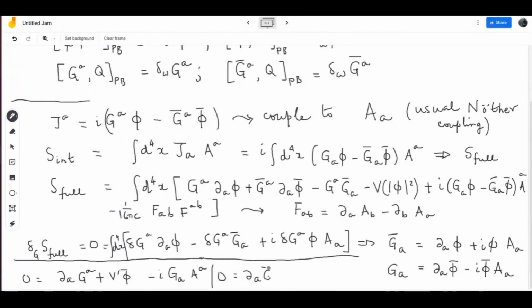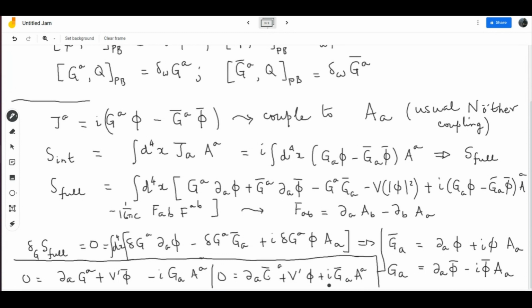Del A G bar A plus V prime phi. Now here it will be a change because there's an I there, so I should get a plus I G bar A AA equal to 0. So now we have the complete set of equations of motion. This is one, this is the other, and these two correspond to phi and phi bar variations.